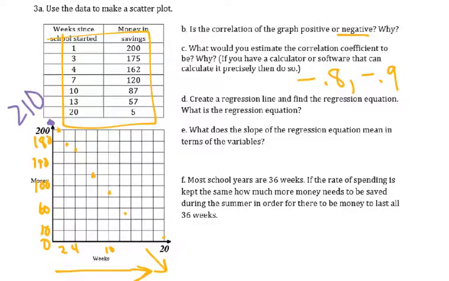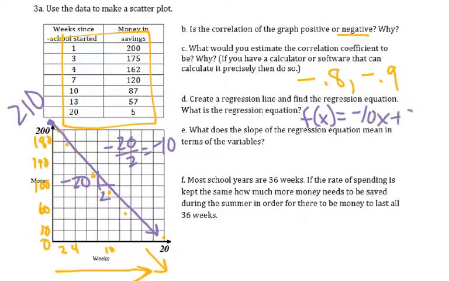Okay, to see how I kind of draw it pretty close to that. So maybe right here, if we look at our graph, it's kind of going down. For every 20 we go down, we're going over 2. So our slope would be like a negative 20 over 2, or just a negative 10. So my equation would be f of x equals negative 10x plus 210.